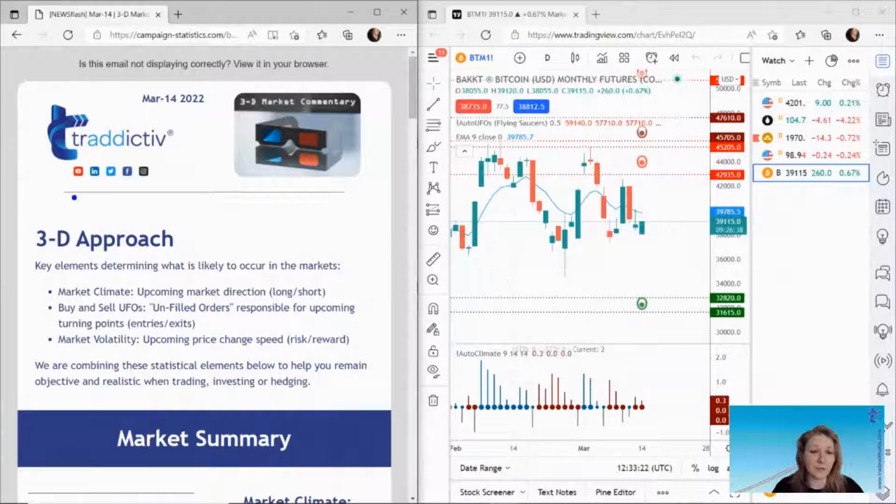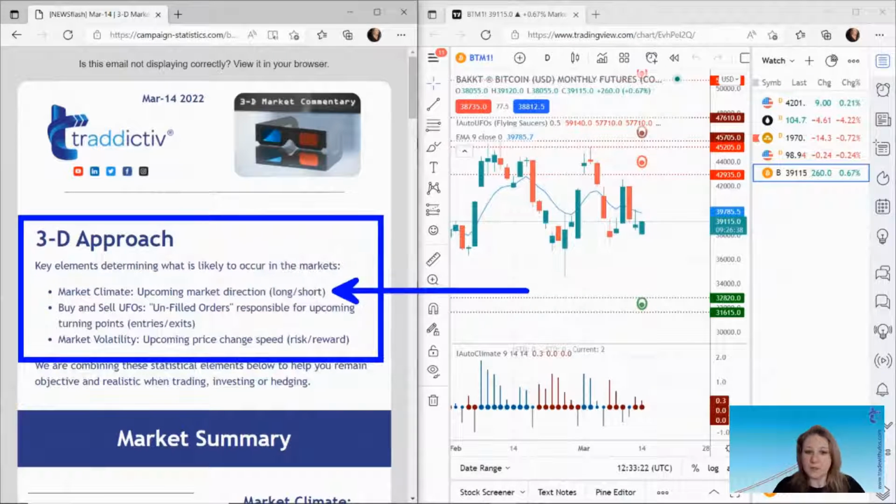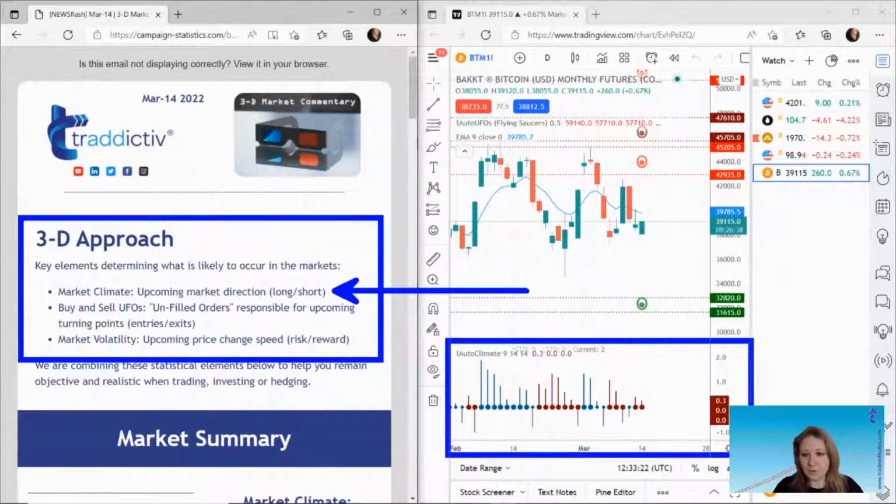Now, the three different things that we look at for our major world markets are these three. The first thing is market climate, which is essentially the likely upcoming market direction. Is it likely to go up, down or sideways? We use an app to help us called AutoClimate. That app is free on most platforms that you can get it on. What it does is it analyzes a bunch of data and gives us an idea where those probabilities lie.